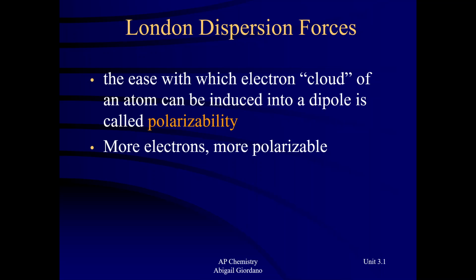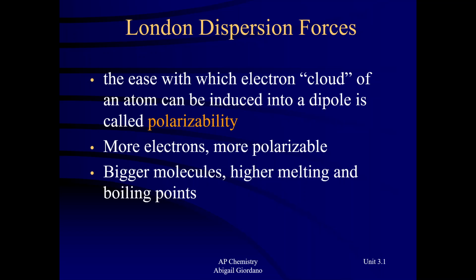If a molecule is larger, has more electrons, and is more polarizable, the London dispersion forces it experiences with its neighboring molecules will be stronger than the London dispersion forces experienced by a smaller molecule. And again, so what? Well, we're going to talk about this a little bit more. That's going to lead to things like higher melting and boiling points.